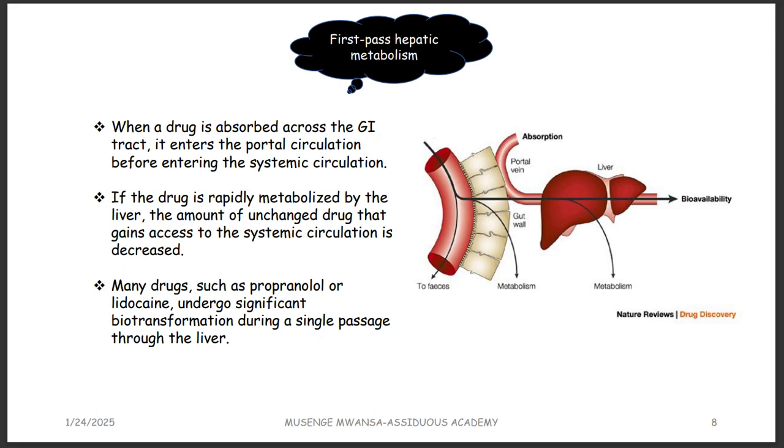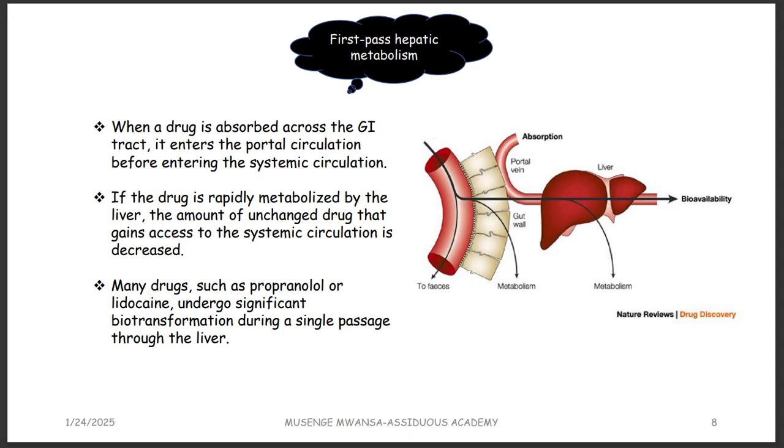If the drug is rapidly metabolized by the liver, the amount of unchanged drug that gains access to the systemic circulation is decreased. Those drugs that are rapidly broken down by the liver leave little to reach systemic circulation, so the bioavailability reduces.